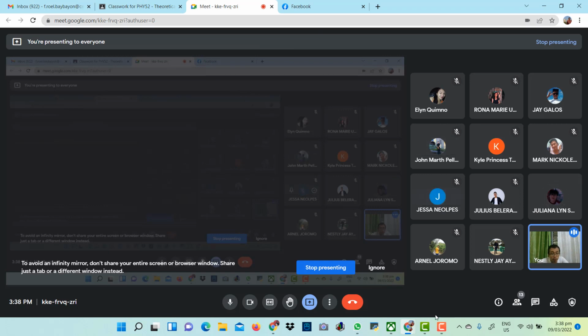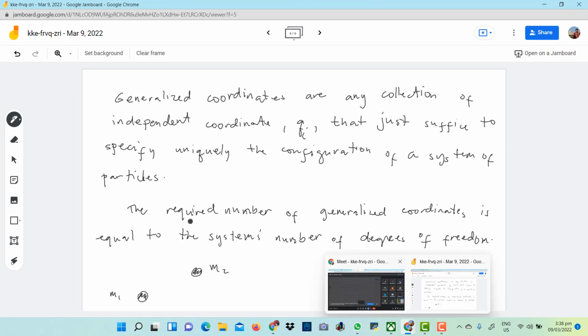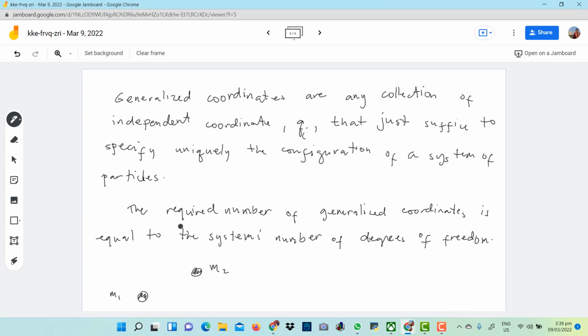Six, sir. Yeah, correct. Thank you, Juliana. I have six. M1 has 3 degrees of freedom plus M2, which also has 3 degrees of freedom. So therefore, I have 6 generalized coordinates.